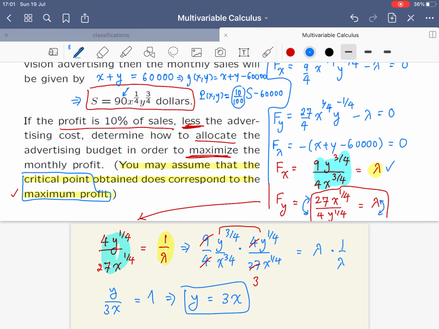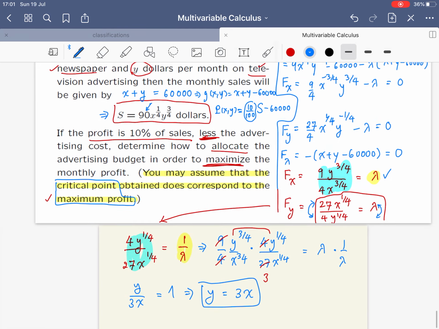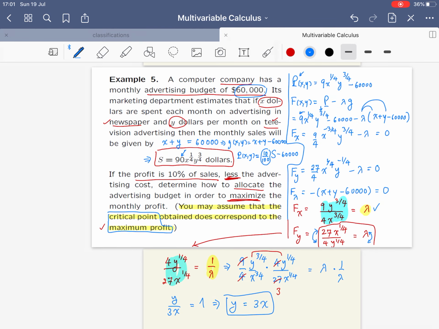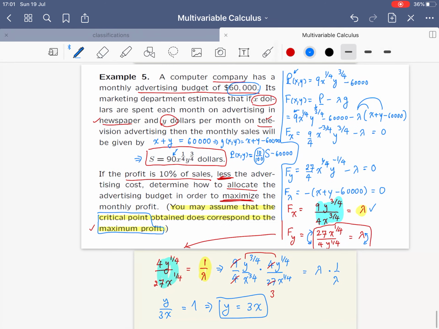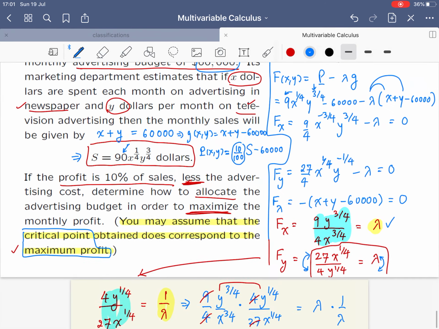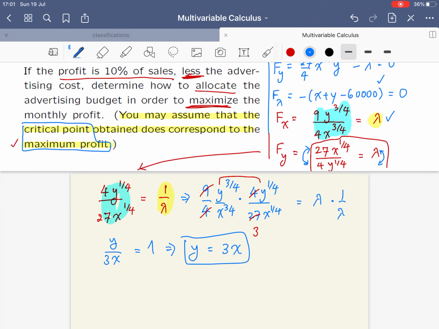So where else can we find the relation between y and x? Of course, it is the constraint. You know that your x and your y together must be 60,000, but right now your y is simply 3x. So it means that your 4x is 60,000.